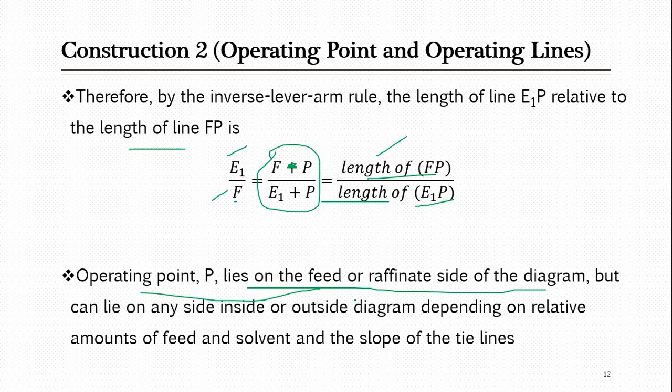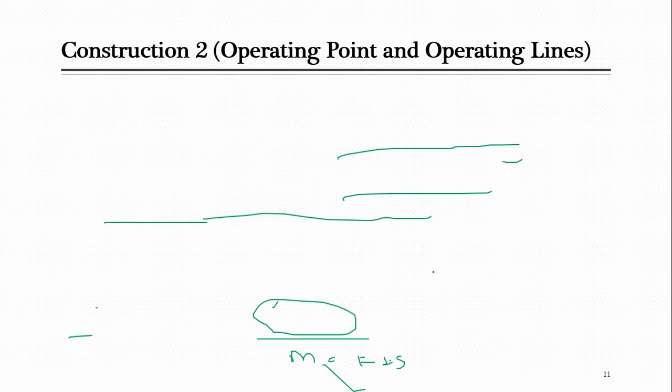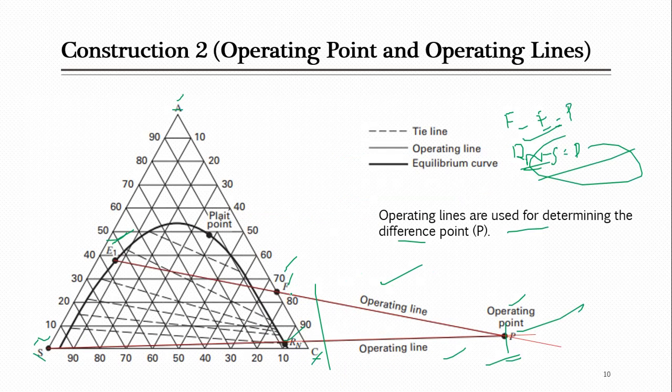As you can see in this diagram, it is lying on the raffinate side, because on the right side you have the carrier, and the carrier is rich in the feed, so it is the feed or raffinate side. On the other side there is the solvent, where the extract lies, and that is called the extract side.